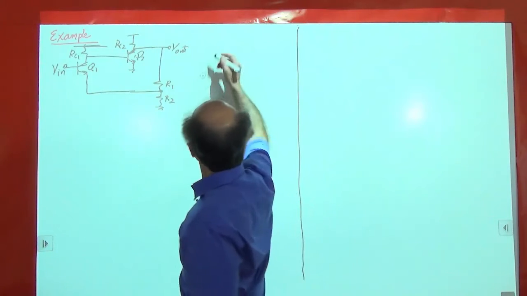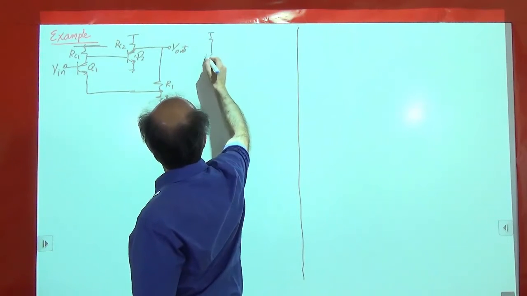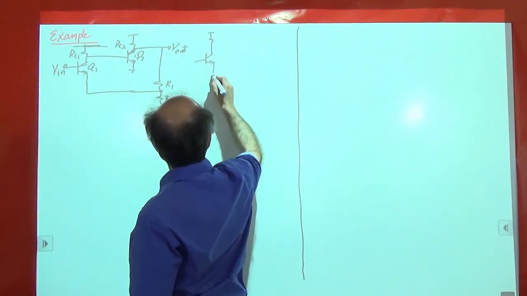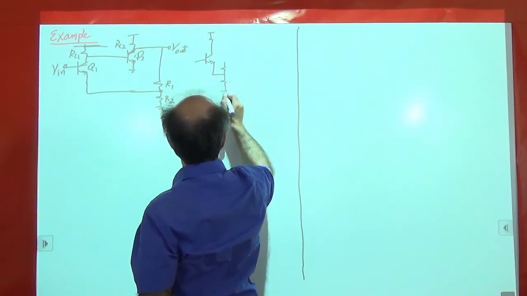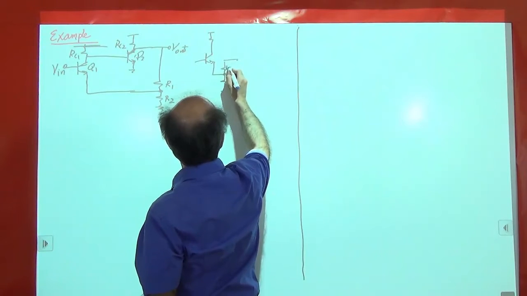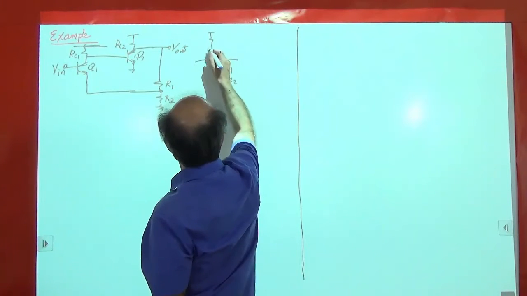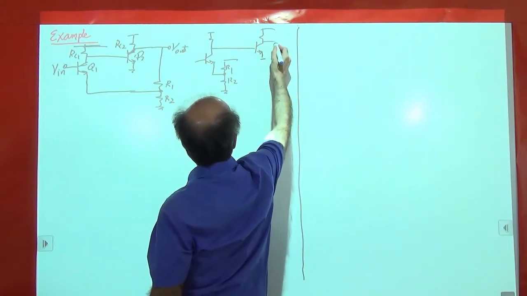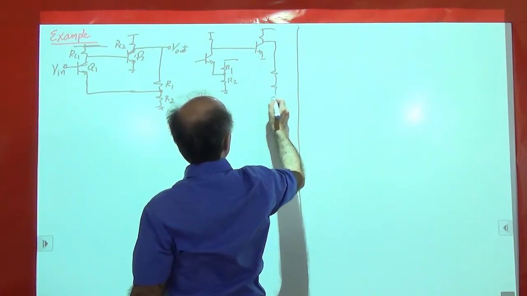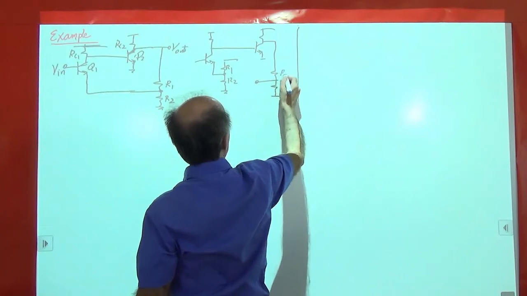So let's do that. We make a copy of this feedback network and attach it here, R1, R2, and then we have this one here. And we make a copy of the feedback network here as well, R1, R2.